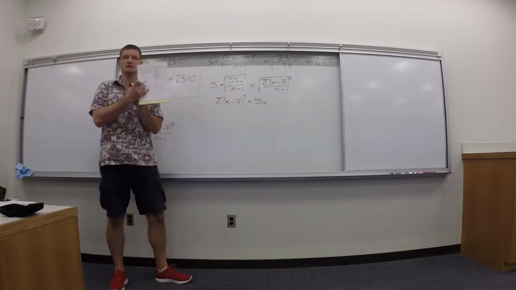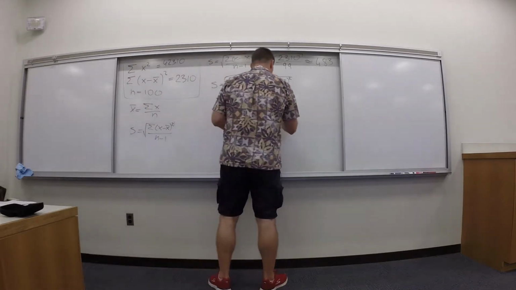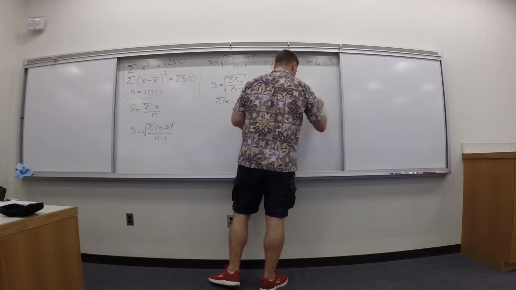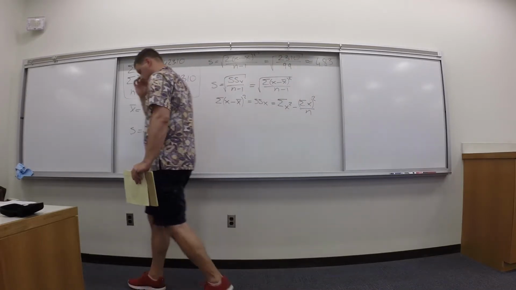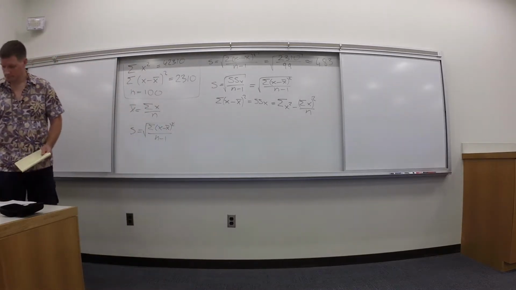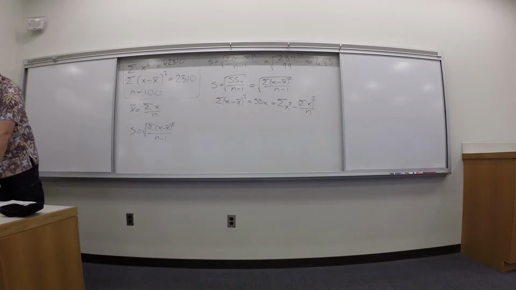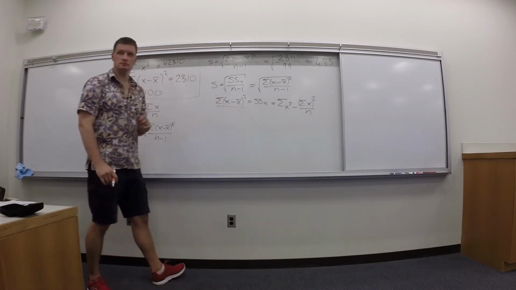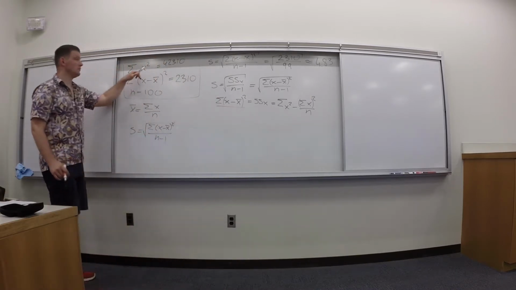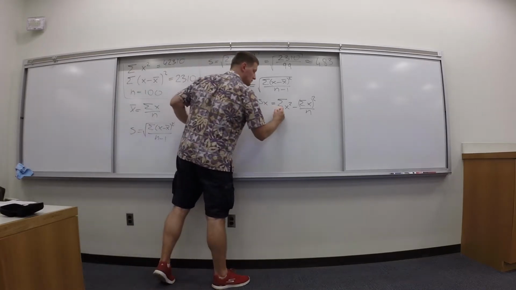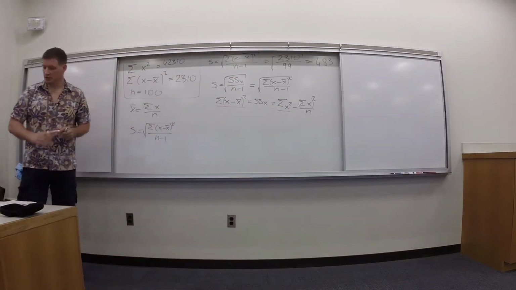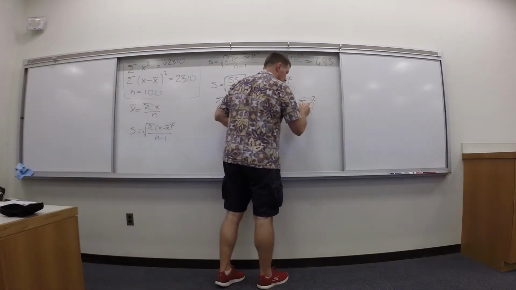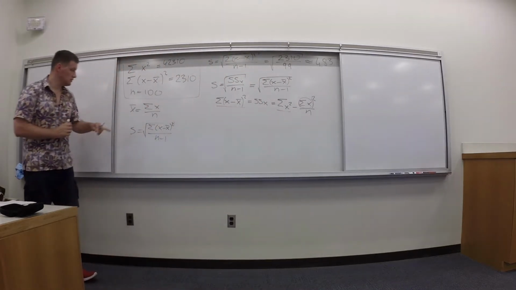Next line, right in the middle, says SS equals to what do we have? We have this, and we have this, and we have this. What we need is this. Why do we need it? Right here.